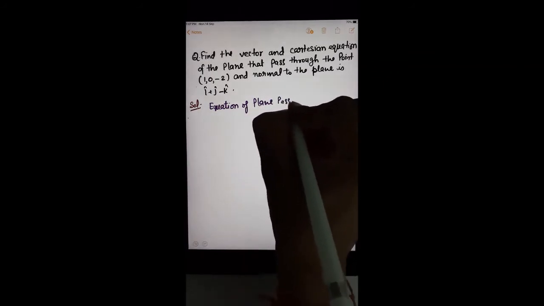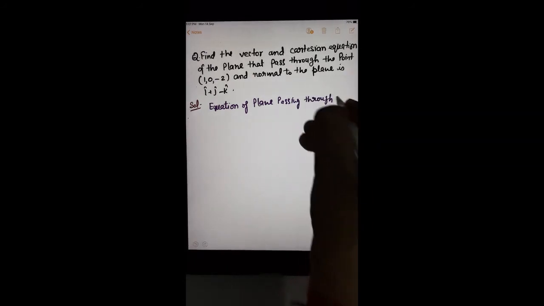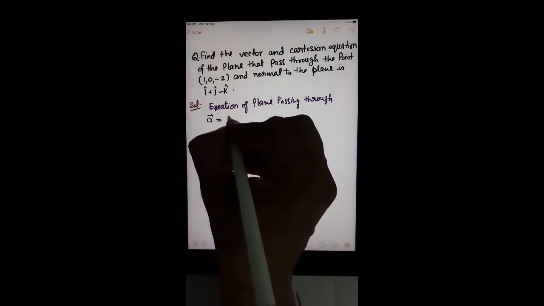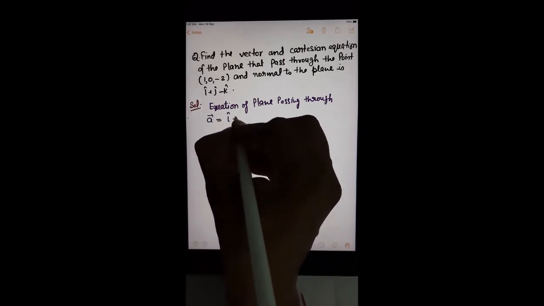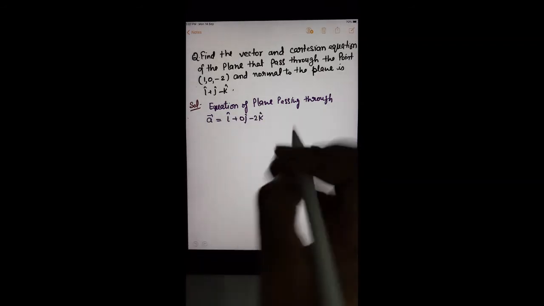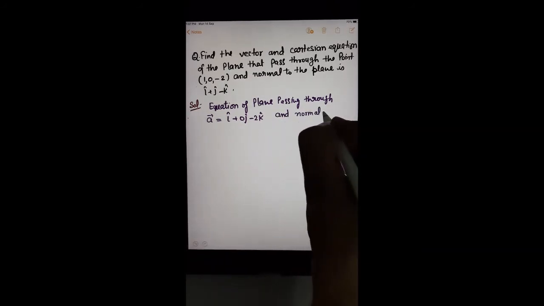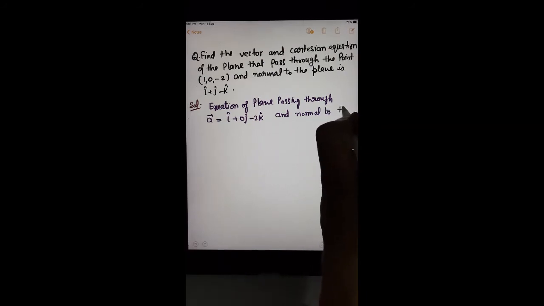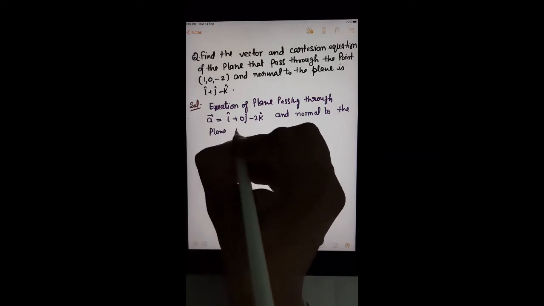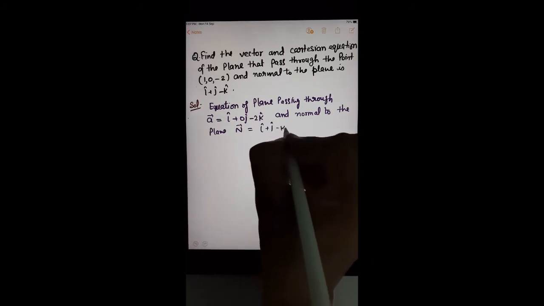So the equation of plane passing through a point whose position vector we can write i plus 0j minus 2k, and normal to the plane, it is represented by capital N, so it is i plus j minus k.